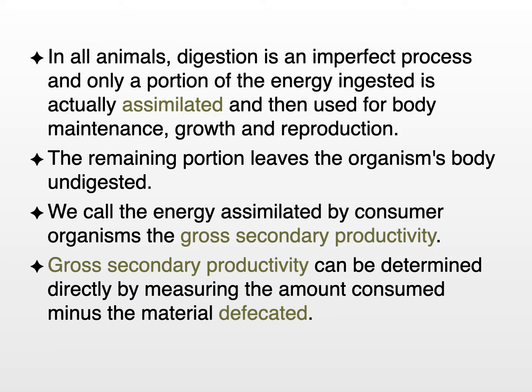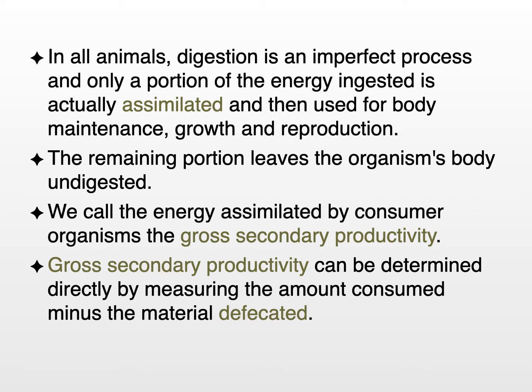In all animals, digestion is an imperfect process. The portion of energy that actually is used for maintenance, growth, and reproduction is referred to as the energy that is assimilated. The undigested material, of course, leaves the organism's body through defecation.